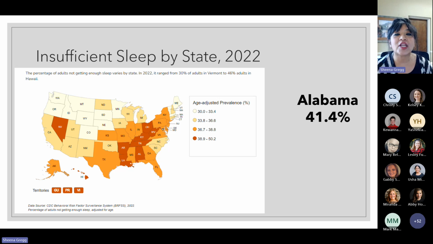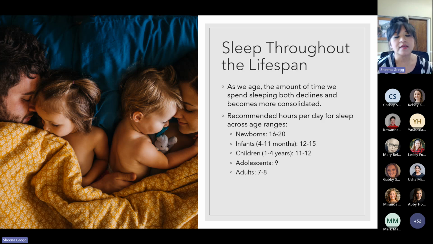And so, I want us to keep this in the back of our mind as we talk about the things that contribute to poor sleep quality and inability to sleep effectively. Just thinking about the lifestyle of Alabamians, where we are in these percentages, and some of these correlations, I thought it would be fun to really make that connection. So as far as sleep throughout the lifespan, changes happen.